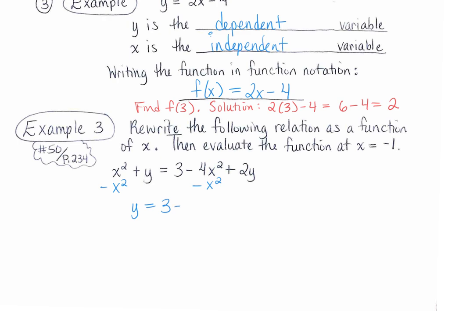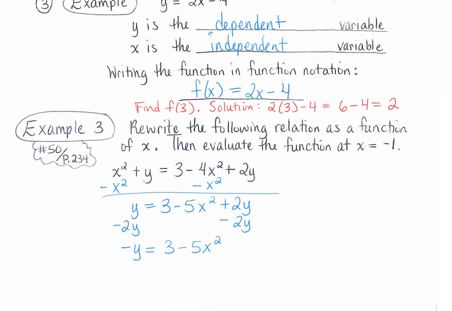What is it? Negative 5x squared plus 2y. What do we do now? Subtract 2y from both sides to get what? Negative y equals negative 5x squared.